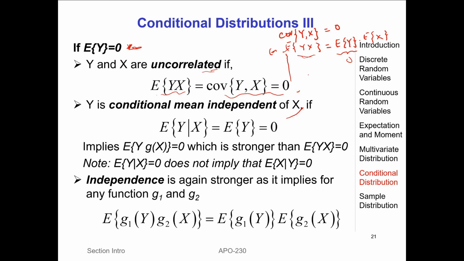The second level is conditional mean independence. So y is conditional mean independent of x if the conditional expected value of y, upon knowing x, equals the expectation of y itself, and in this particular case equals 0.